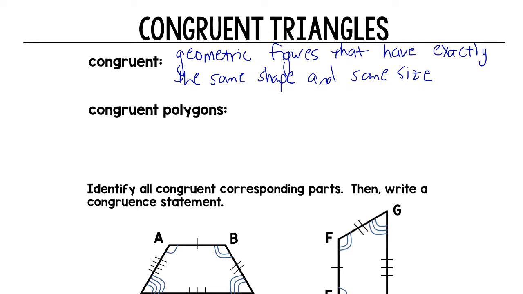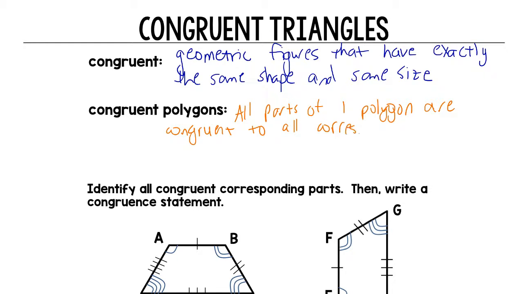Okay? Congruent polygons tells us that all parts of one polygon are congruent to all corresponding parts of the other polygon.